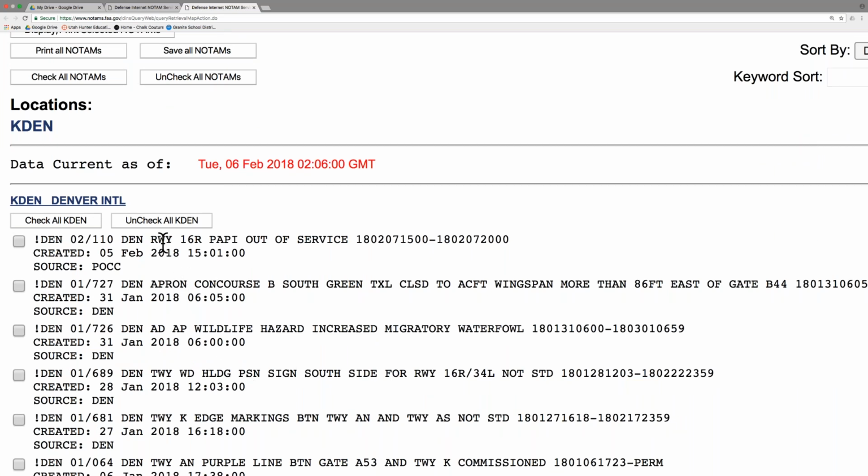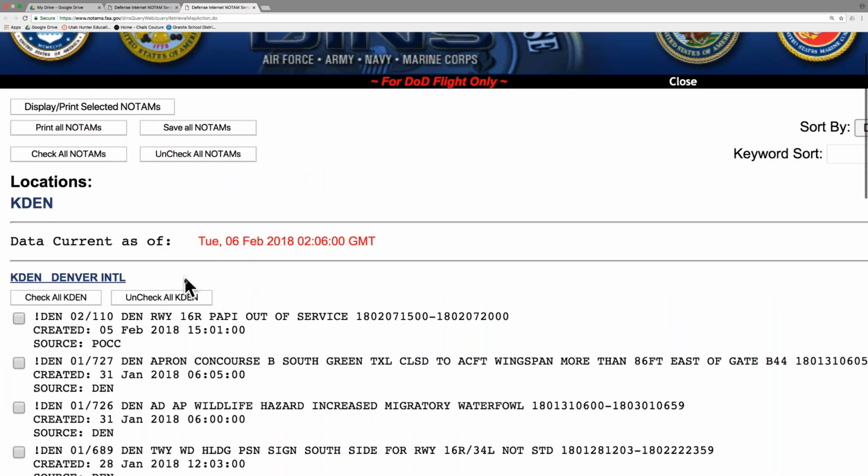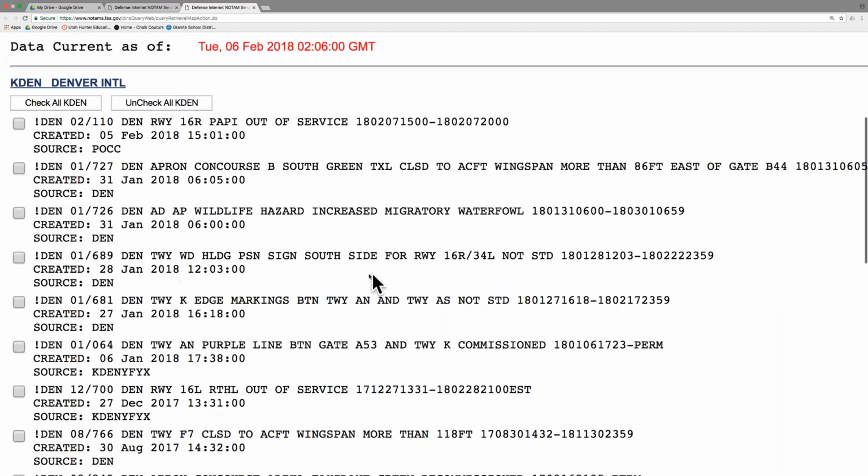So it's going to say something to the effect of, we could probably find one really quick, and we're going to look at a couple dozen of these just to help you get a little bit of practice. Like this one, runway 16 right, the PAPI is out of service, so the precision approach path indicator is out of service.